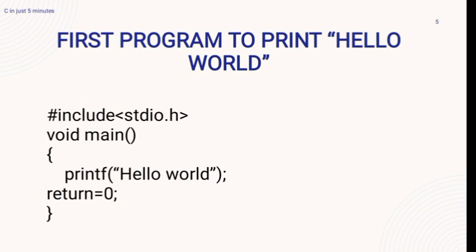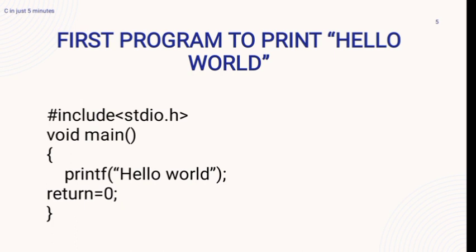So I want to print hello world, so I will write here hello world. And after writing this hello world, you have to put one semicolon at the end of every line. So every instruction ends in a single line and the next starts on another line.